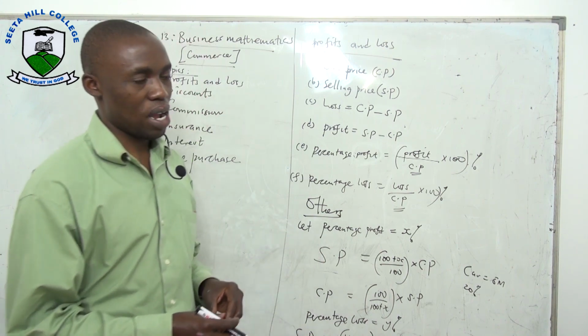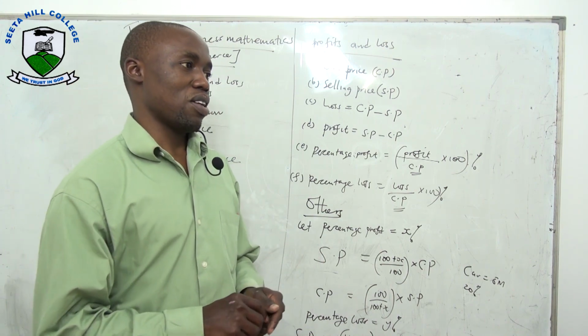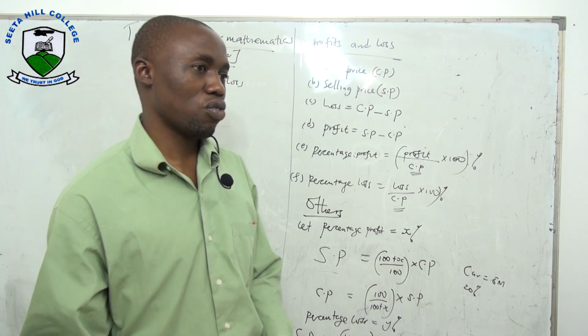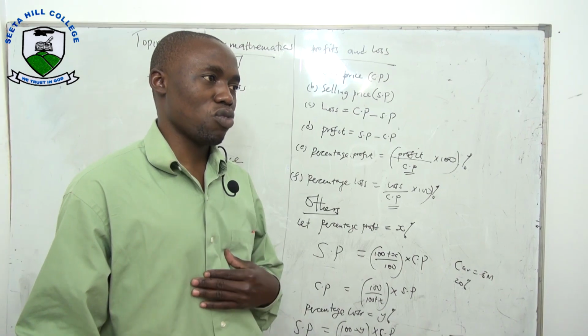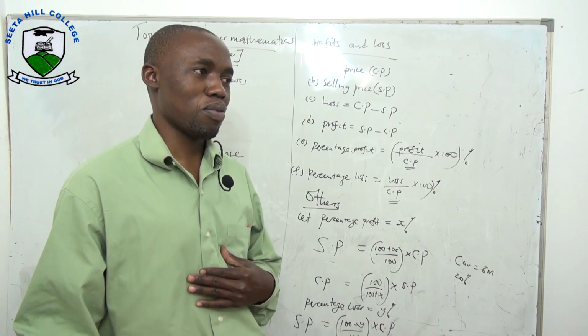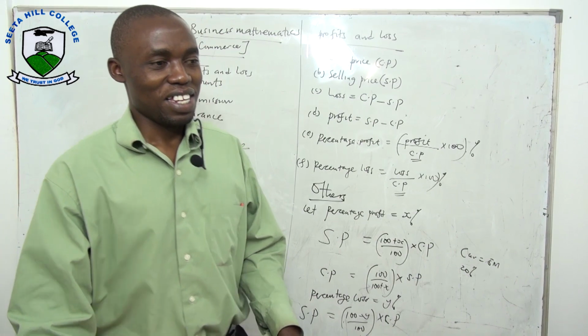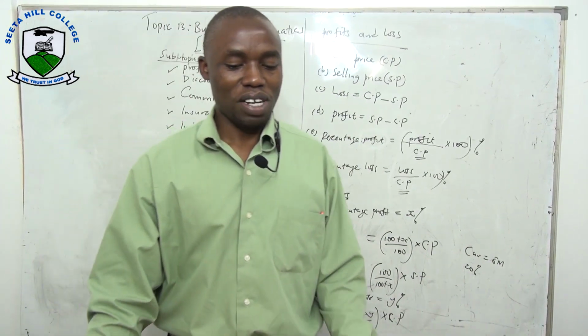Now we are going to do numbers. We all agree that we are the ones who gave those formulas? Or it is me who gave them for my own good? Okay. Right, then I give you numbers.